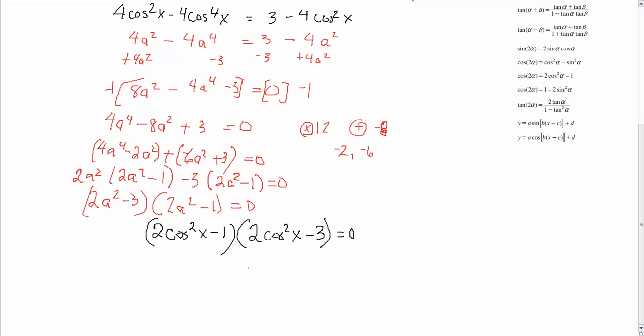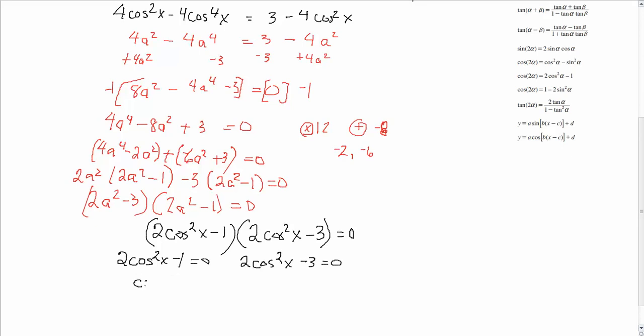And finally, we're going to set each of these factors equal to 0. So 2 cos squared x minus 1 equals 0, and 2 cos squared x minus 3 equals 0.